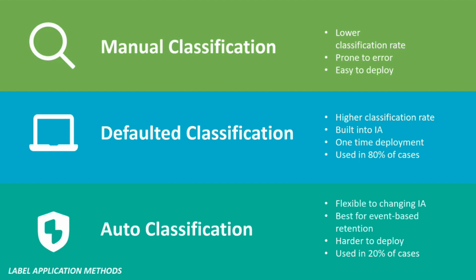So instead of putting that contract in a library with a defaulted classification, you can leverage the metadata of the status of the contract to say, like, hey, when this contract is of status closed, you can have an auto apply policy that will automatically apply a retention label based on that status being closed, so a metadata status of closed. So this one is a little bit harder to deploy. However, it does really have a rich use case scenario, and there are situations where it's highly beneficial.